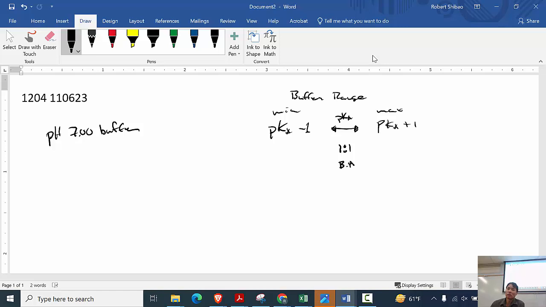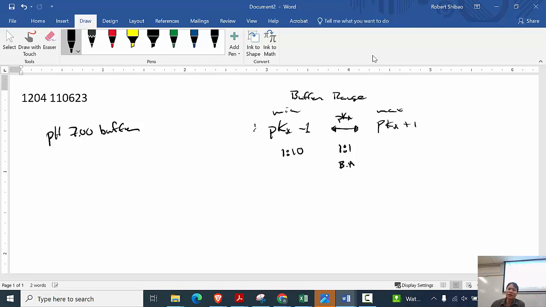Favorable to acid and more acid. More acid. Yeah, how much more acid? 1 to 10, yeah. It's a 1 to 10 ratio. All right, so this is lopsided because we have way more acid, 10 times the amount of acid than base. Well, if you make it concentrated enough, it's okay, but do you want to go even more lopsided?